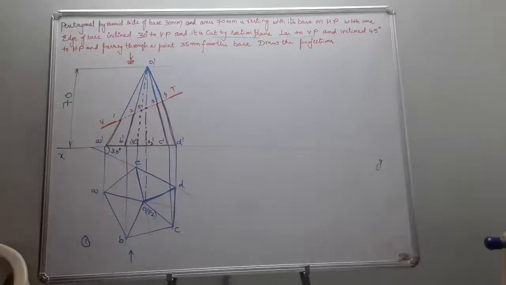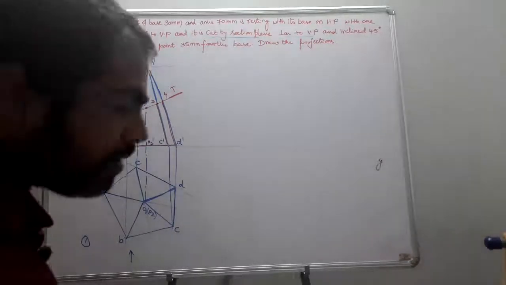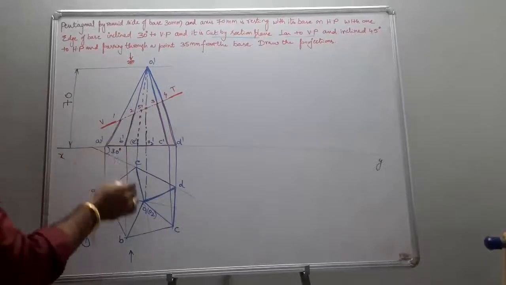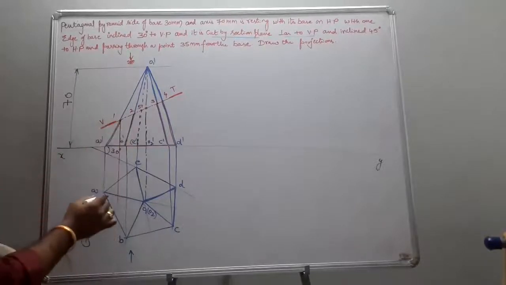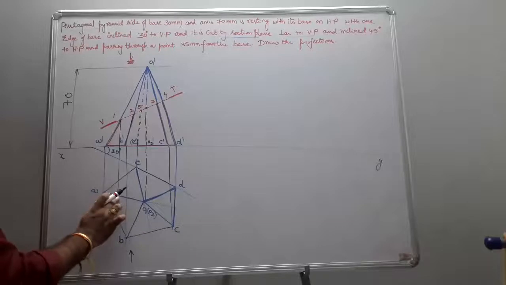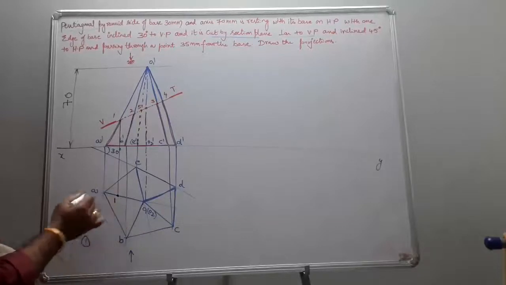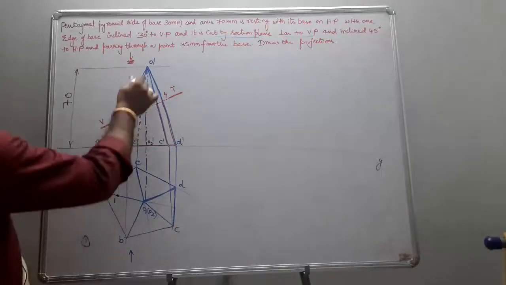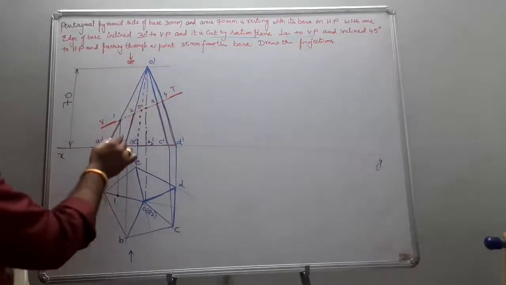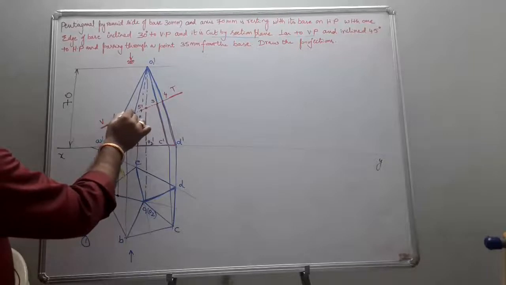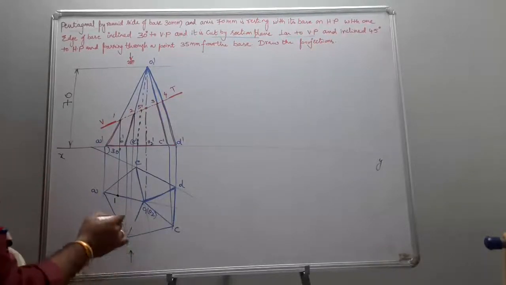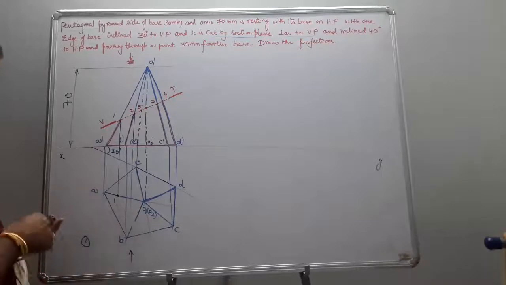And now project the points to the respective positions. Point 1 is obtained on OA. So project the point on OA. So this becomes point 1. Next, point 2 is obtained on OB. So project that point to OB.